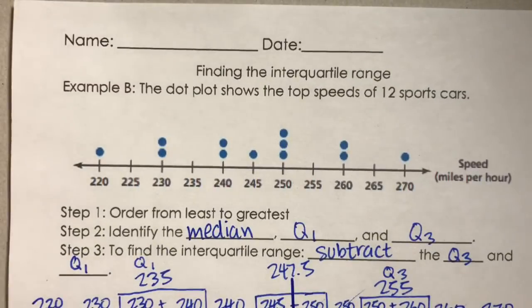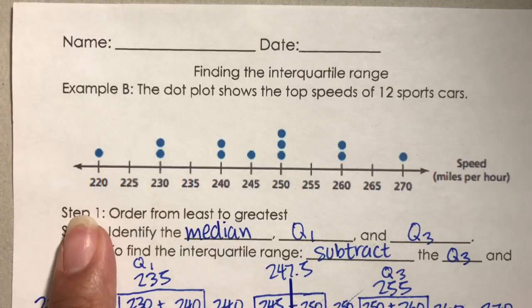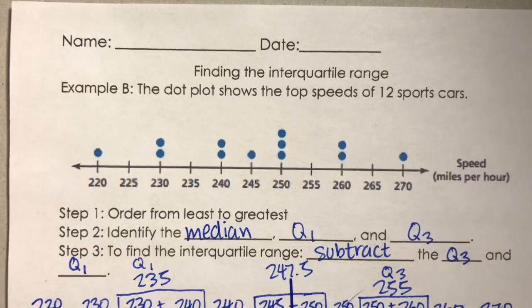So if we look at our data, is there any number that is less than 205? It doesn't seem like there is. Is there any number that is greater than 285? Doesn't seem like there is.